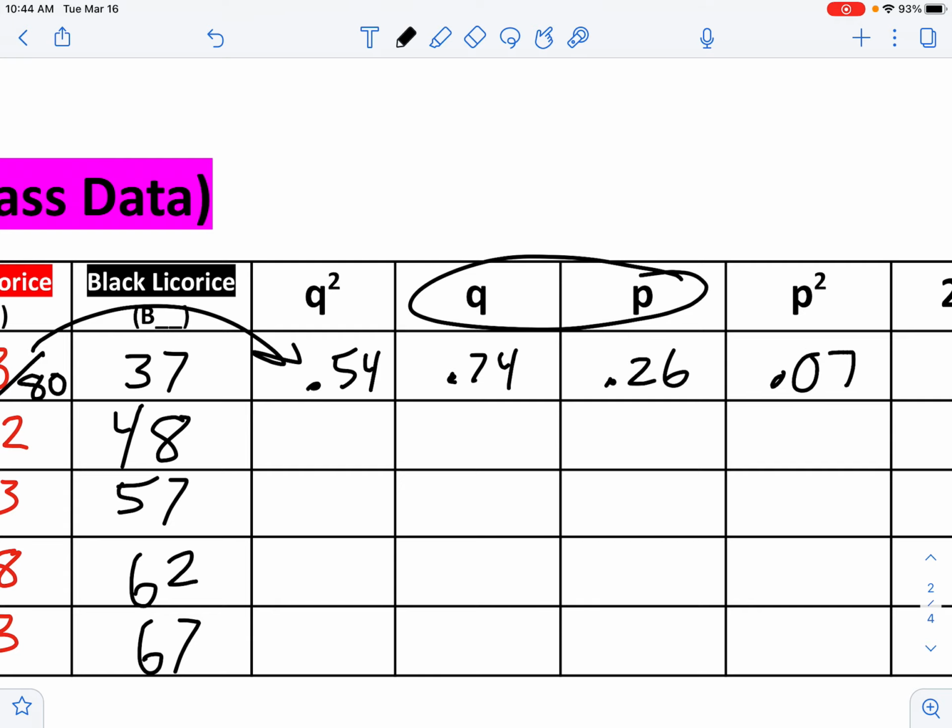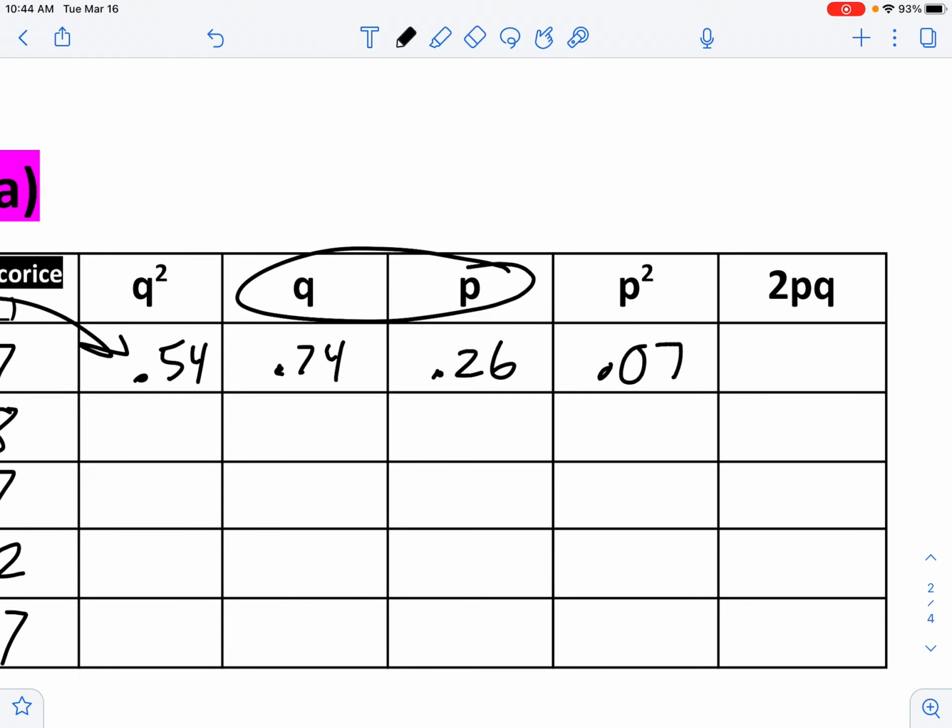Again, I'm rounding to the nearest hundredths. And then this plus this plus 2PQ equals 1, so 0.54 plus 0.07 equals 0.61, so this must be 0.39. So those three numbers, 0.54 plus 0.07 plus 0.39, equal 1. So there you go, I've filled that one out.